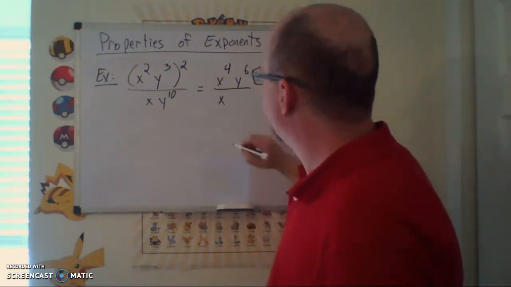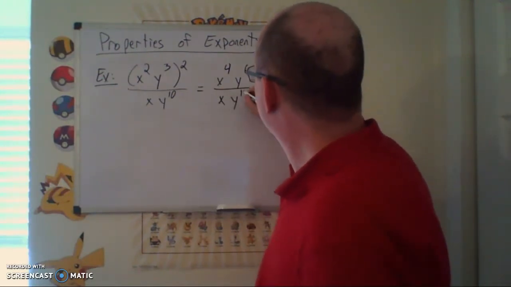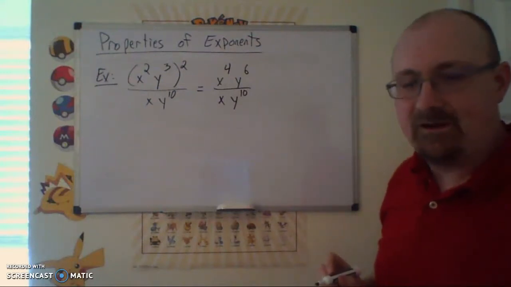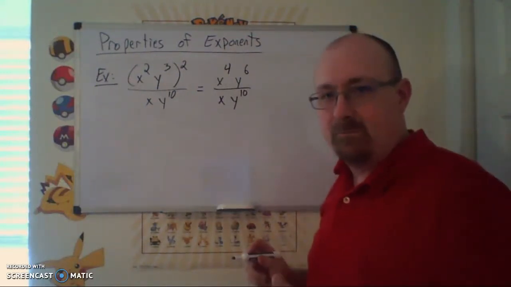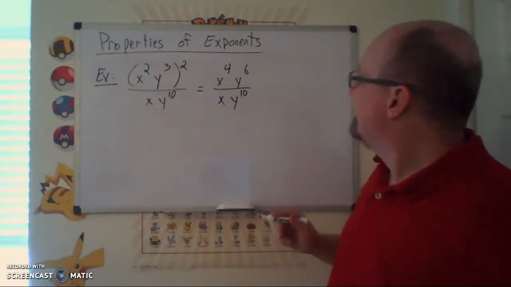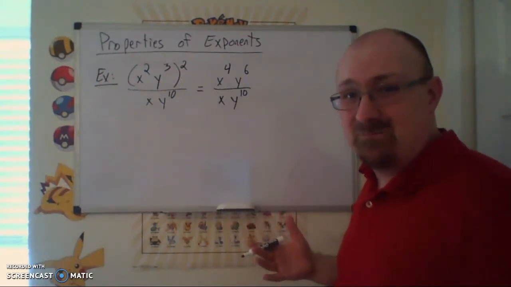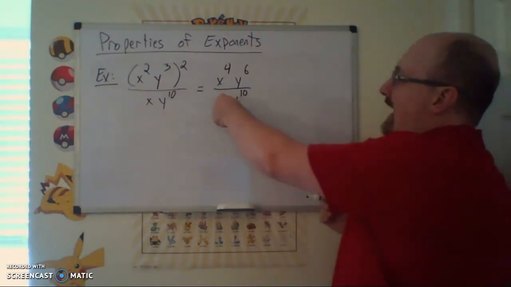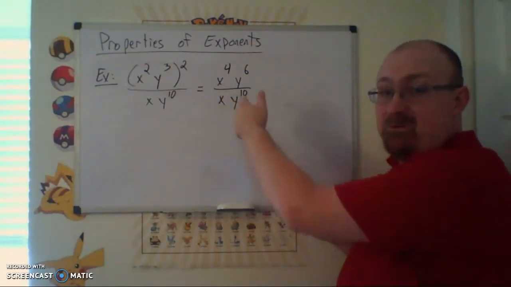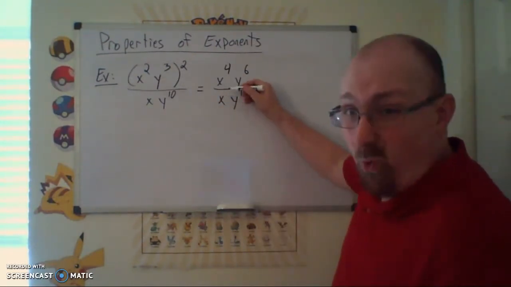Then we have an x down below, and we've got this y to the 10th, and I find myself regretting what I did. But anyway, now we can use those division properties to gather stuff up here. If it doesn't have an exponent, remember we can assume there's a 1 right here.